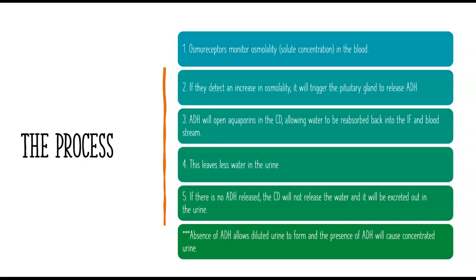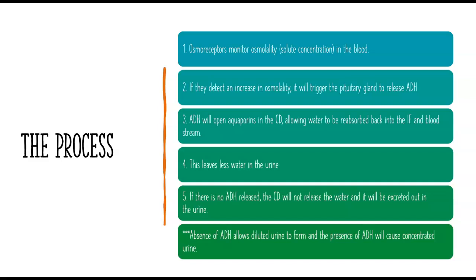We have osmoreceptors that monitor the solute concentration in the blood. If they detect an increase in osmolality, an increase in solutes, specifically sodium and chloride, so salt, it's going to trigger the pituitary gland to release the hormone ADH, antidiuretic hormone.